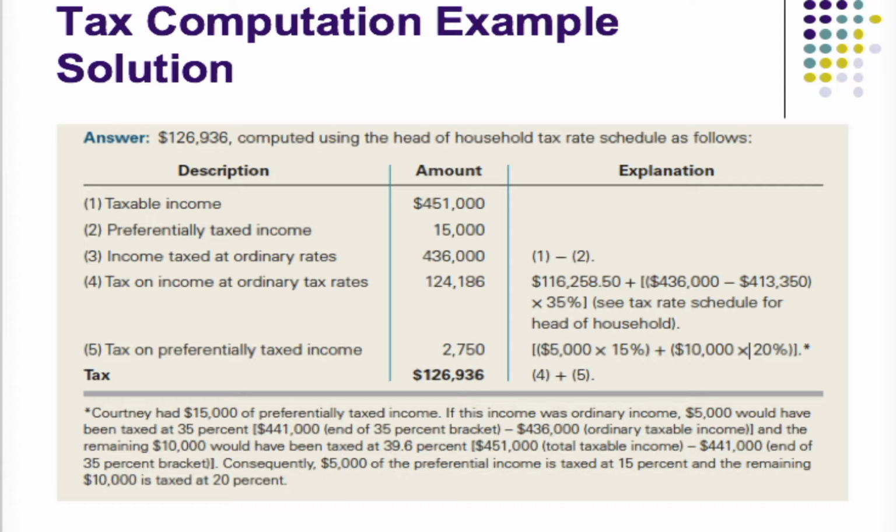And if you look at the tax rate schedule, you'll see how that computation plays out. But that's the result of it there. The 15% tax rate on the first $5,000 and the 20% tax rate on the next $10,000 make up our tax on preferentially taxed income, and we add those together and that gives us our total tax.